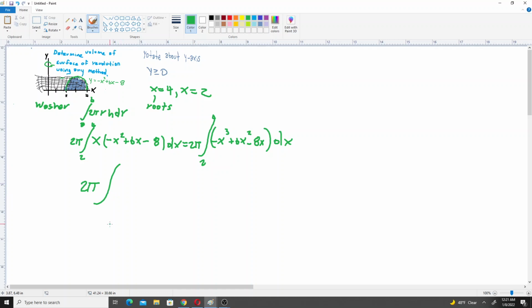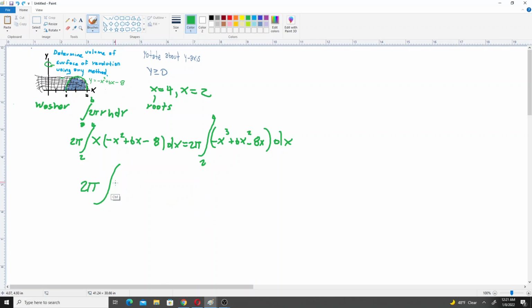It's just a bunch of power rules. Actually, we don't need the integral sign since we already expanded it.